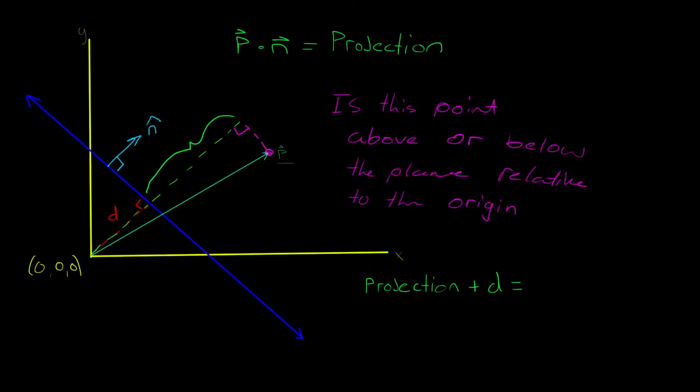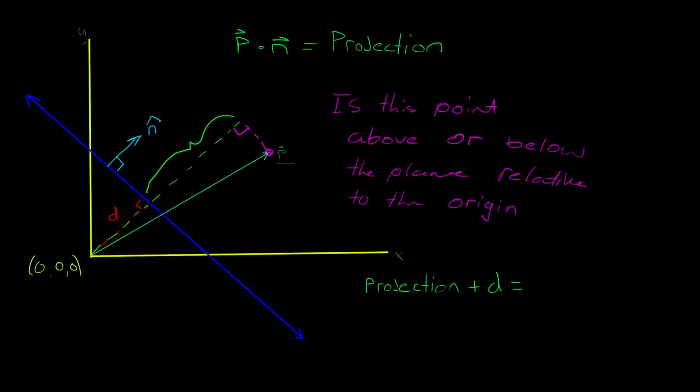If we're left with a negative value, that means it wasn't long enough to be passing this blue line. Because what happens if your d is greater than your green? If your green only goes up to here, negative d plus positive green line is going to give you a negative number, whereas negative d plus a green line that goes all the way up to here is going to give you a positive number.